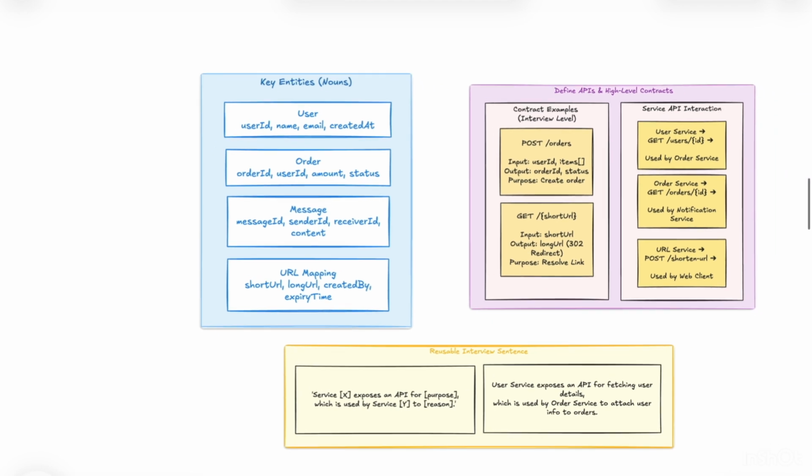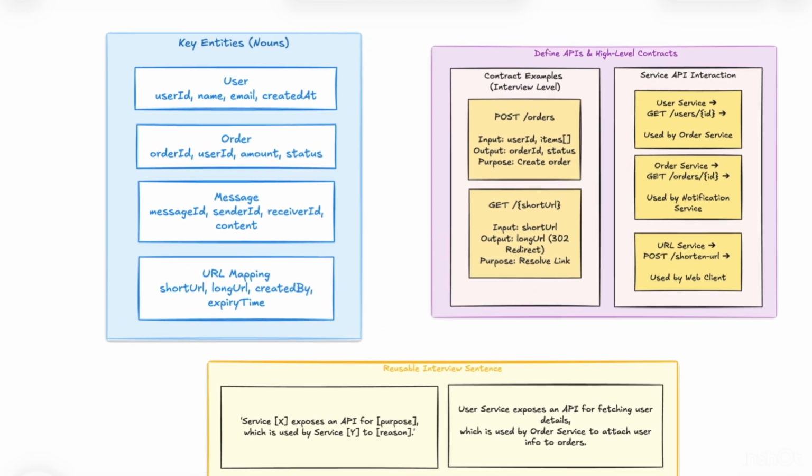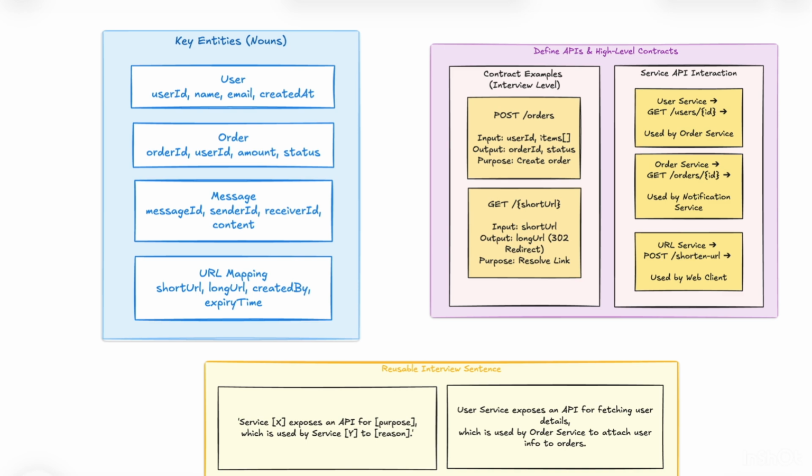For this as well, I have created this example here. You could say that examples for key entities are user, there is user ID, email, name, created at. These are the entities that are stored in our DB. For order, message, and URL mapping, these are the key.